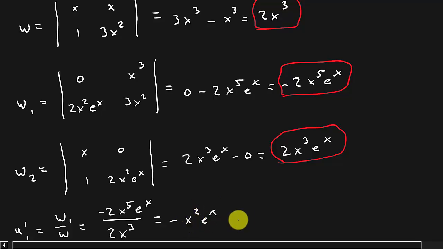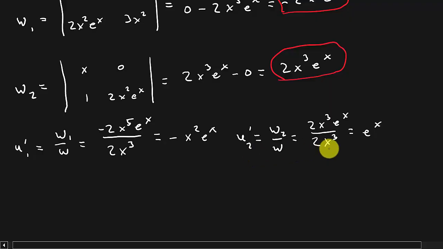And then I have u prime 2. That's going to be W2 over W, which is 2x cubed e to the x over 2x cubed, which is equal to e to the x. All right, so that's nice. That's good for u prime 2.